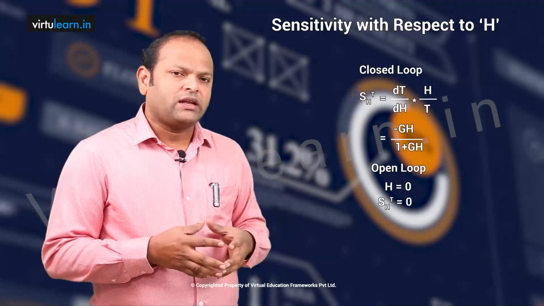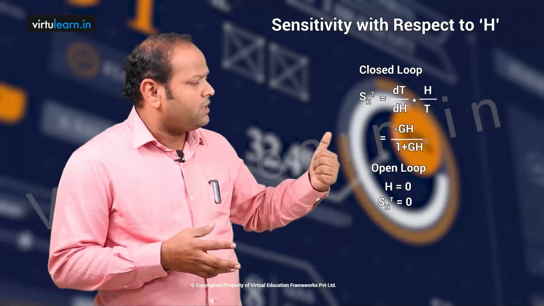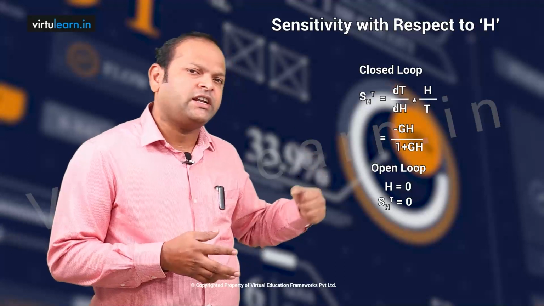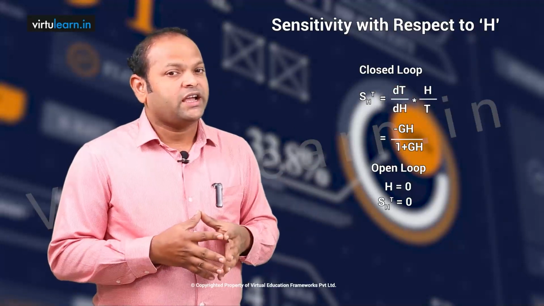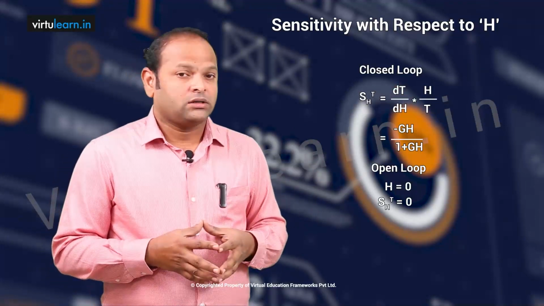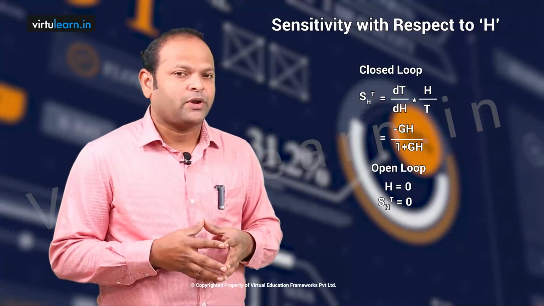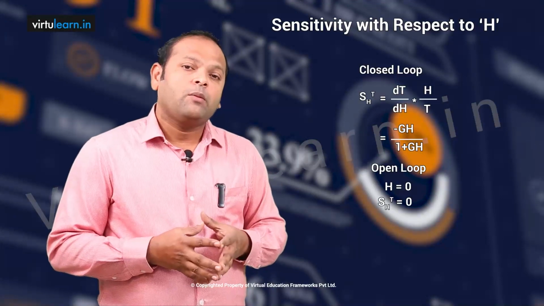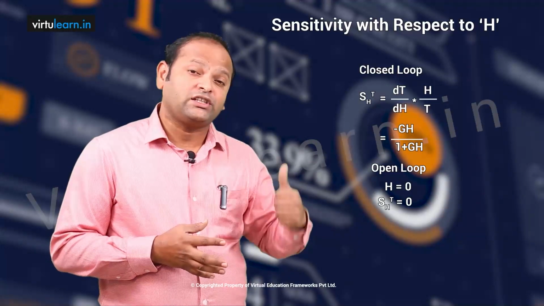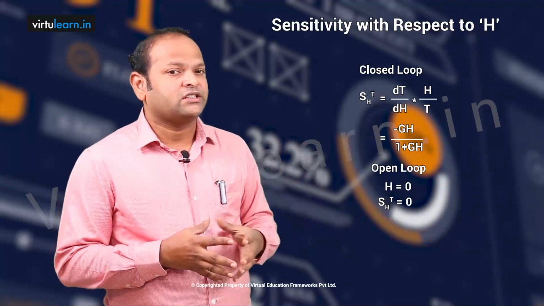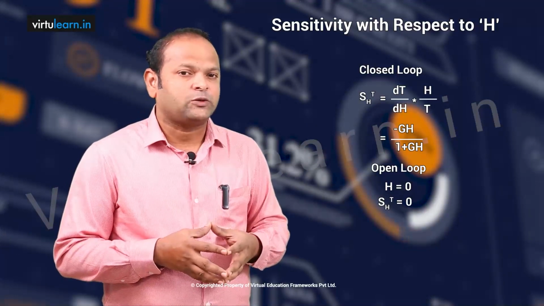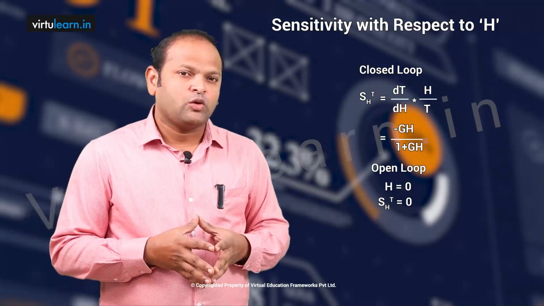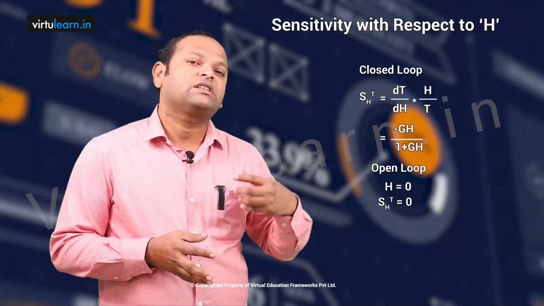So here also I can say when you compare S_T^H and S_T^G, S_T^H has more effect on the system when compared to S_T^G. Therefore my closed loop system is more sensitive to the parameter variations in H when compared to parameter variations in G. Therefore when you design the system, when you close the loop, you must be very careful when choosing the sensor.